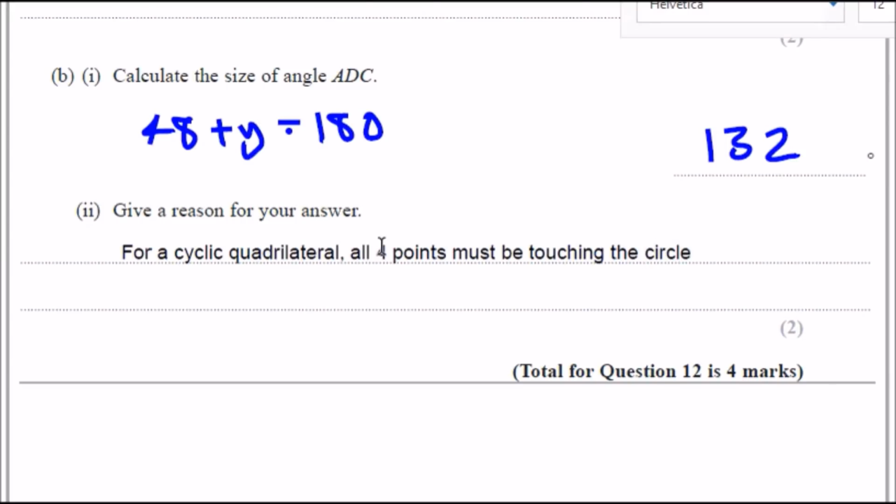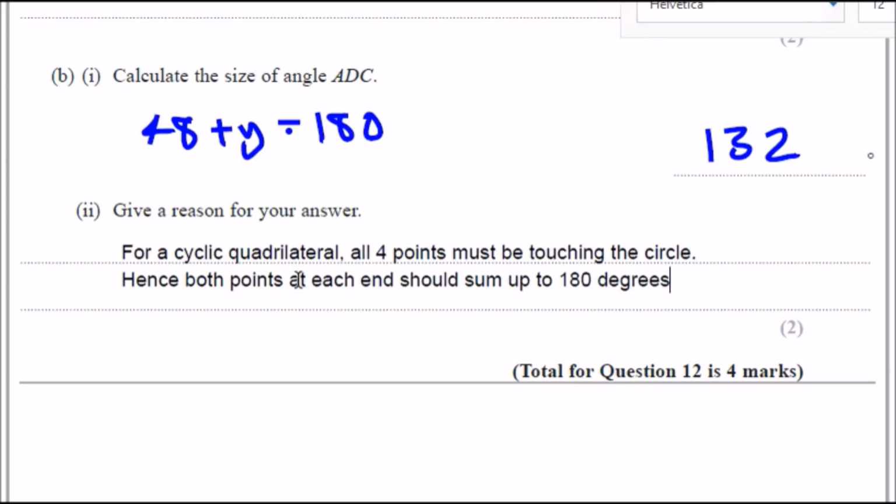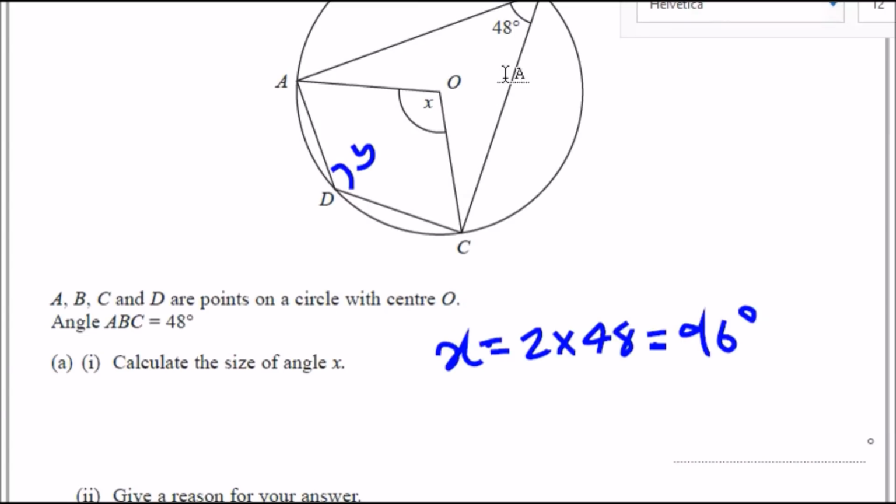Therefore, both points at each one's opposite sum to 180 degrees.